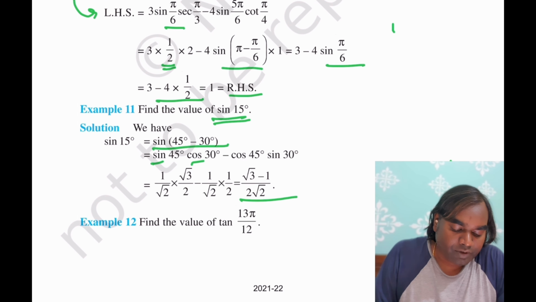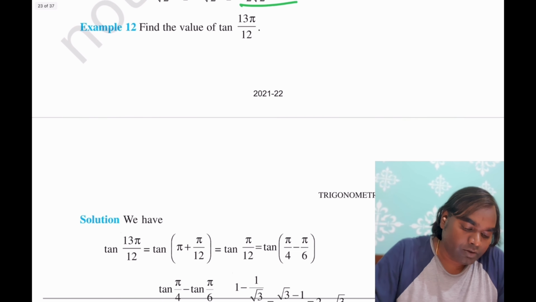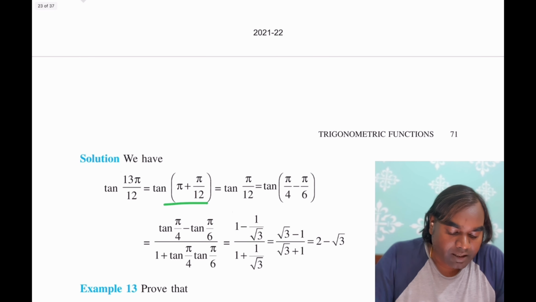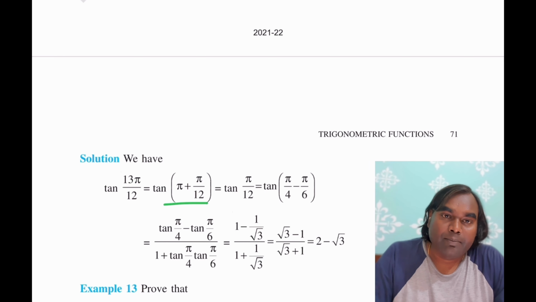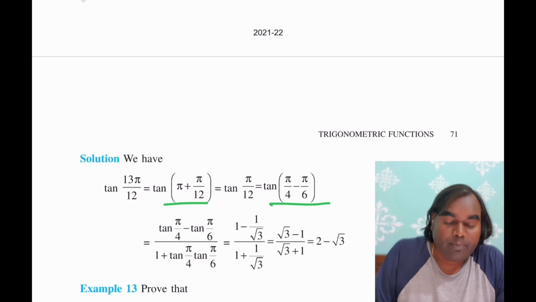Now find the value for tan 13 pi by 12. That can be written as 13 pi by 12 is equal to pi plus pi by 12, and tan (pi plus pi by 12) is equal to tan pi by 12, which can further be written as pi by 4 minus pi by 6. So tan (x minus y) is equal to (tan x minus tan y) divided by (1 plus tan x tan y).